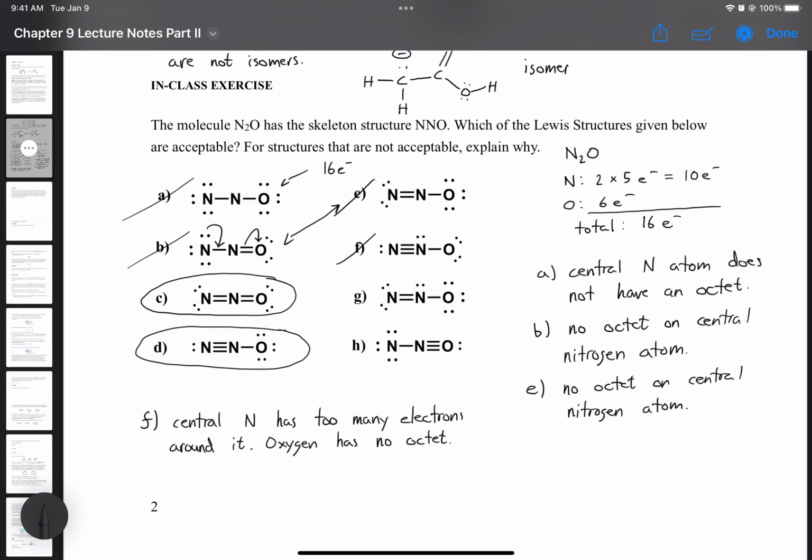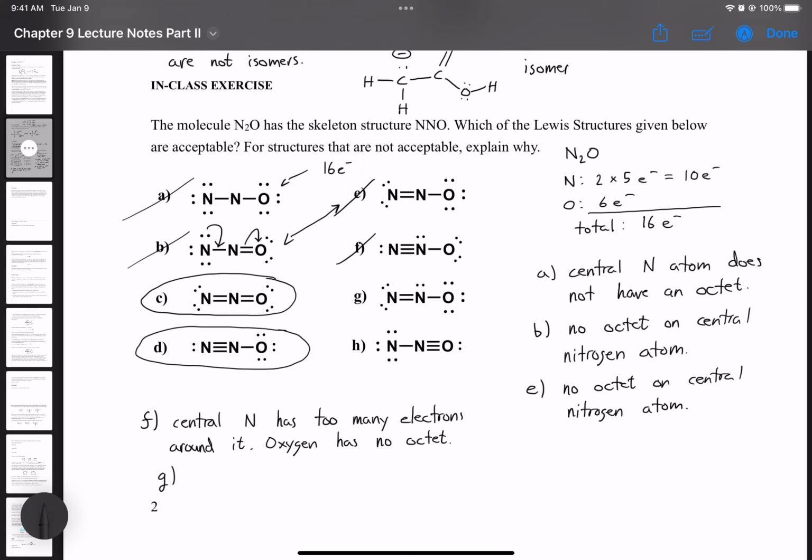G now. All right, let's look at G. So G looks pretty good actually, right? Everything has an octet. Nitrogen, octet, oxygen as well. But let's count the electrons. 2, 4, 6, 8, 10, 12, 14, 16, 18 electrons.